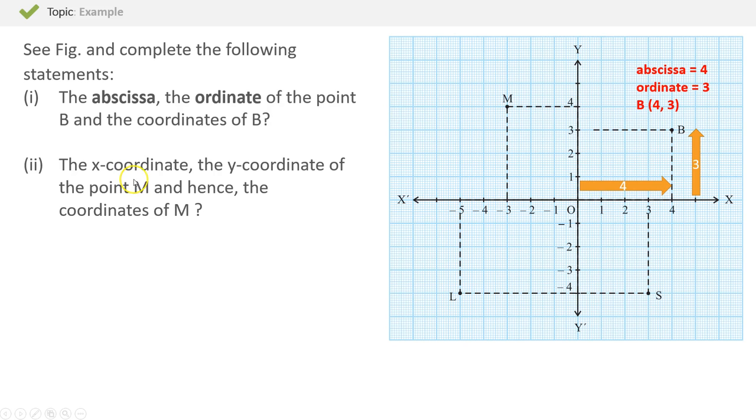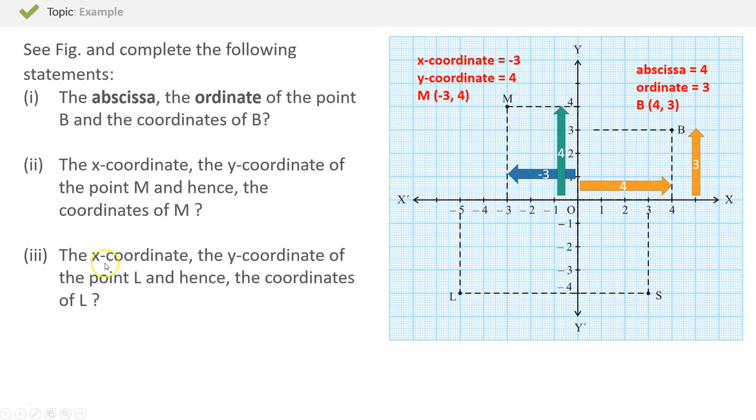Similarly, let's try to find x coordinate and y coordinate of point M, and hence coordinate of point M. Your point M is here. In order to find x coordinate, you have to go 3 points towards the negative x-axis, and hence this distance can be represented as -3. And you have to go 4 points up on the positive side of y-axis, and hence this distance is 4. Now you can represent M as (-3, 4).